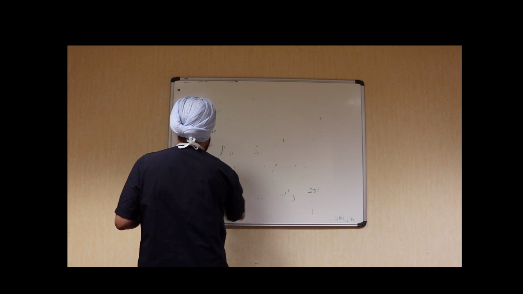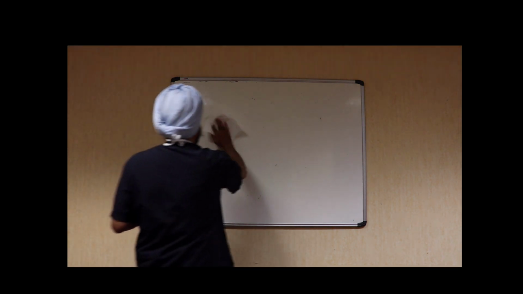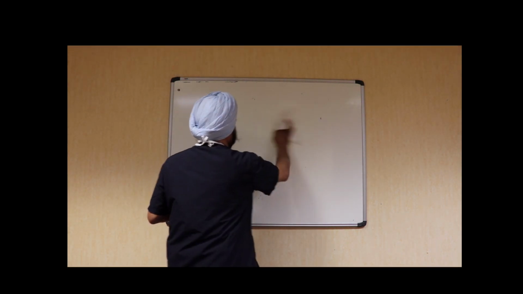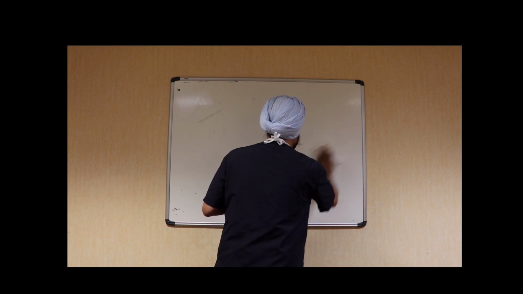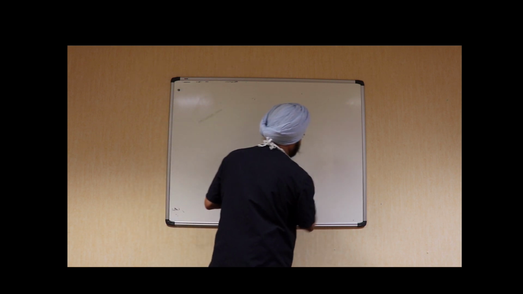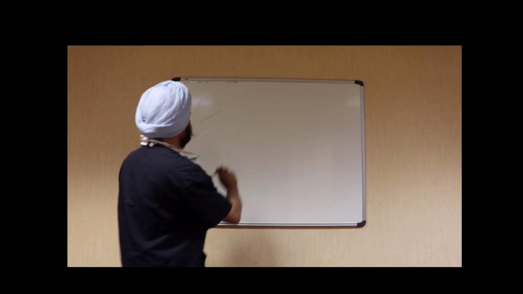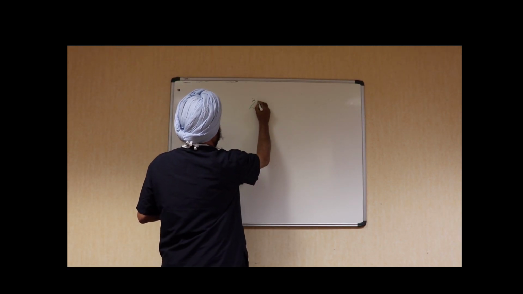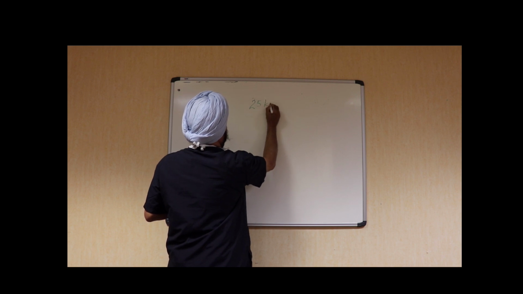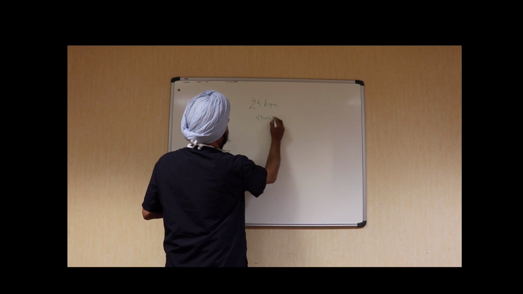So let us do a calculation. Supposing you have a 25 kilogram child. And this child comes to you in shock state. So the weight of the child is 25 kilogram. He has come to you in shock or severe dehydration.